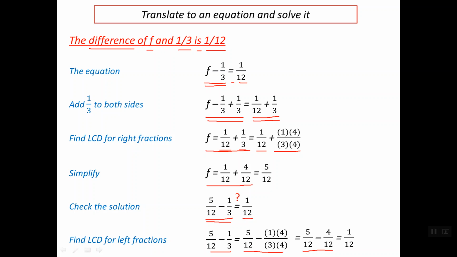Now we have a difference between two fractions with the same denominator, so we subtract the two numerators and divide by 12. 5 minus 4 is 1, so 1/12. It is the same as what we have on the right side of the original equation. So the solution is completely correct.